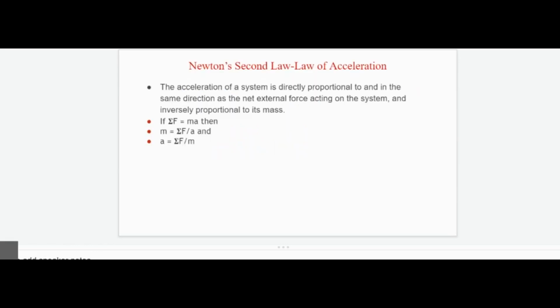So let's look at Newton's second law, which is the law of acceleration. From the name itself, it talks about acceleration. What happens if there is an acceleration?